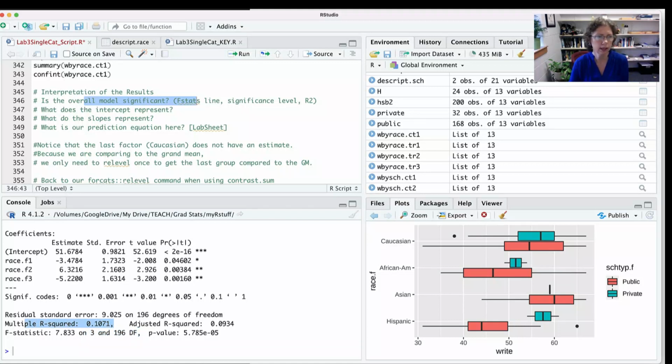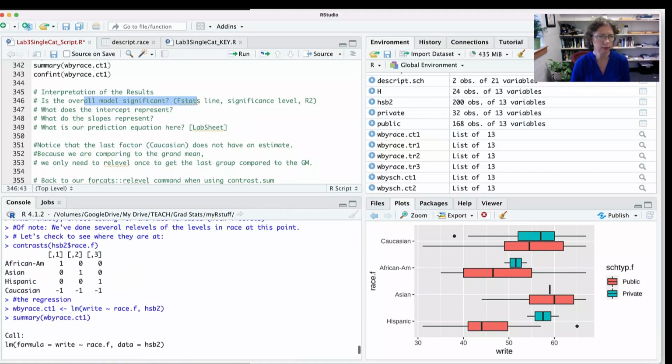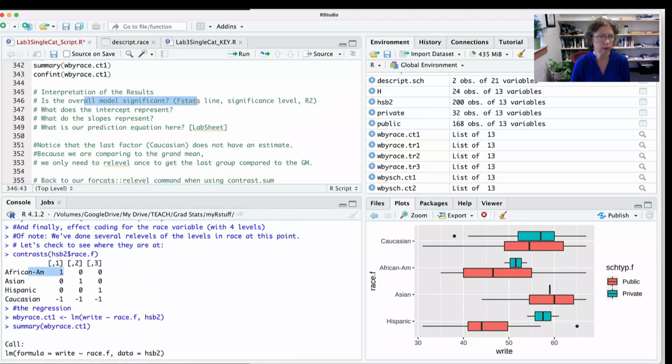When we're looking at the intercept, it represents the grand mean because we're doing effect coding. Then race factor 1, when we pulled that, is the one coded as number 1 there, African American.